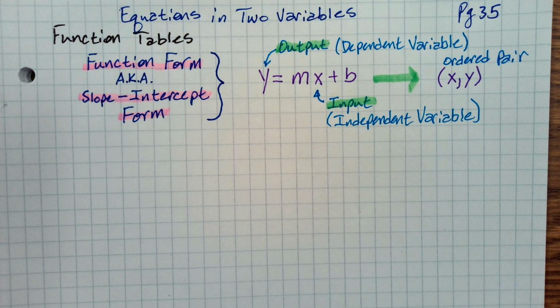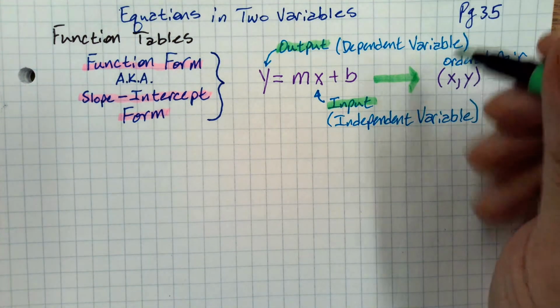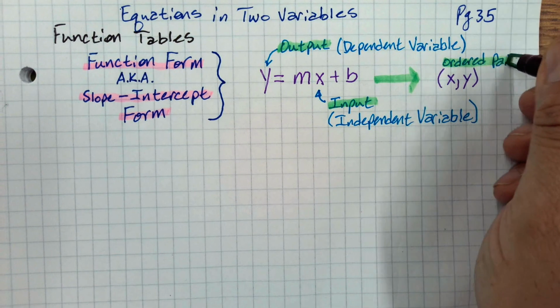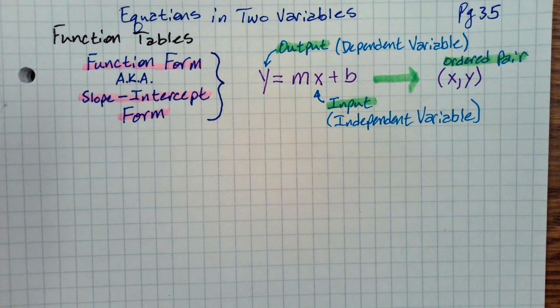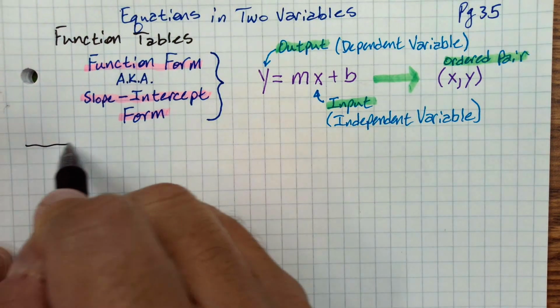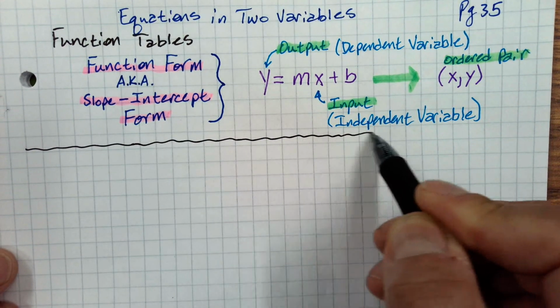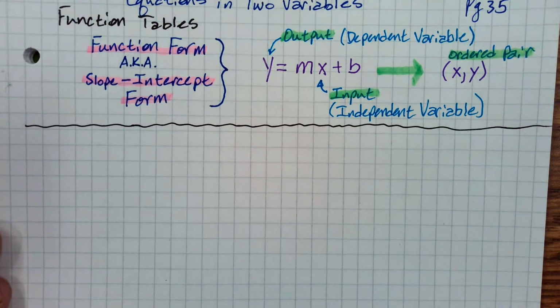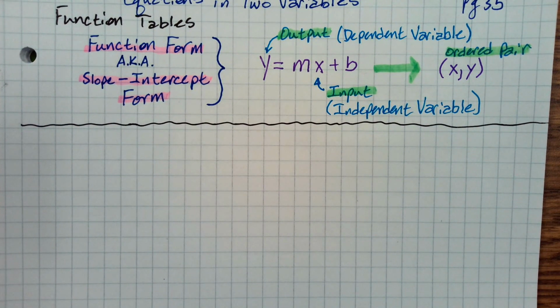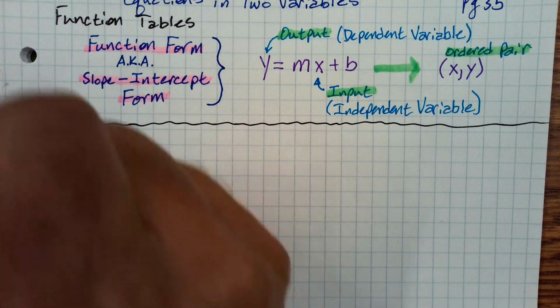So all of this will result in getting a pair of numbers, a number for x and a number for y, that we can then graph. Okay? So let's go ahead and do this. We're going to look at some function tables that's going to give us some ordered pairs. Okay? So we're going to complete the function table below.